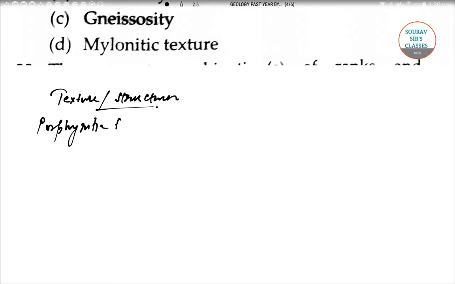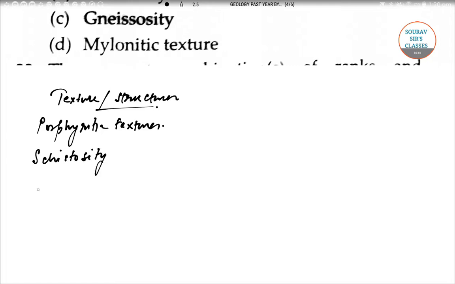On the left hand side we'll write texture or structures. It will be porphyritic texture. Then we have schistosity.